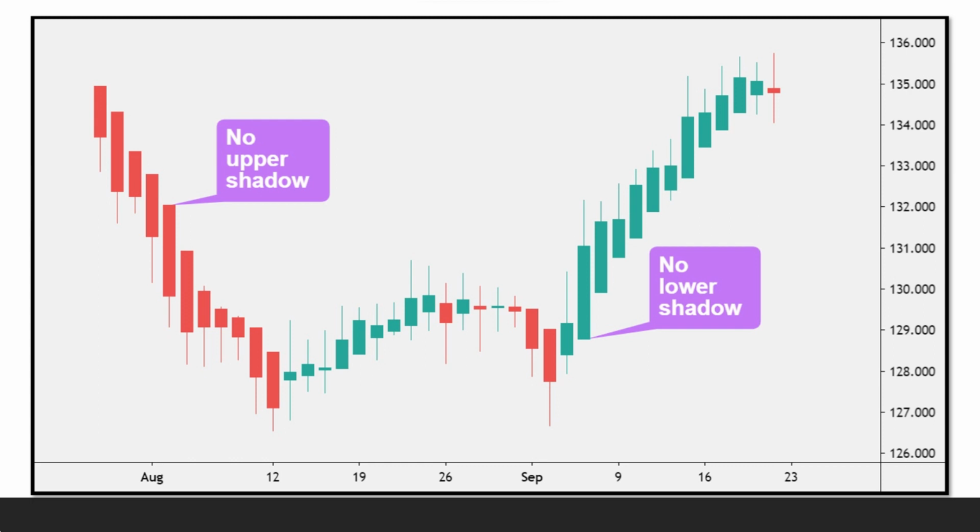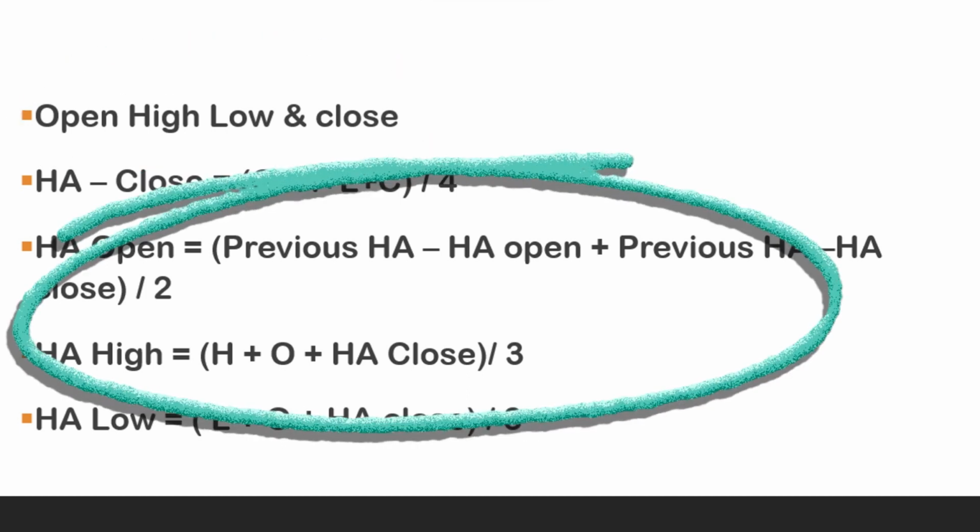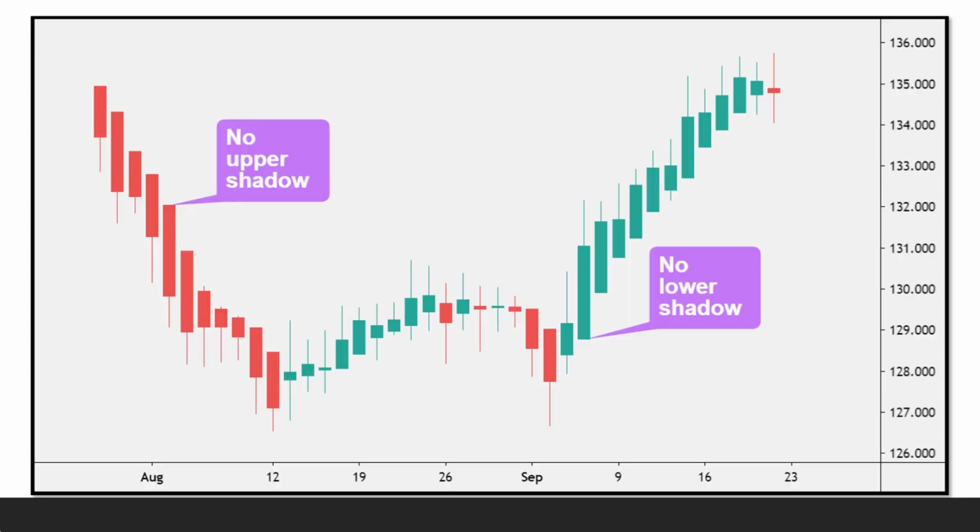Even when creating a Heikin Ashi candle, all 4 points are considered: the open point, high point, low point, and the close point. So this is how a Heikin Ashi candle is calculated. Some of the key features of Heikin Ashi candles are: first, a Heikin Ashi candle is easy for identifying trends.